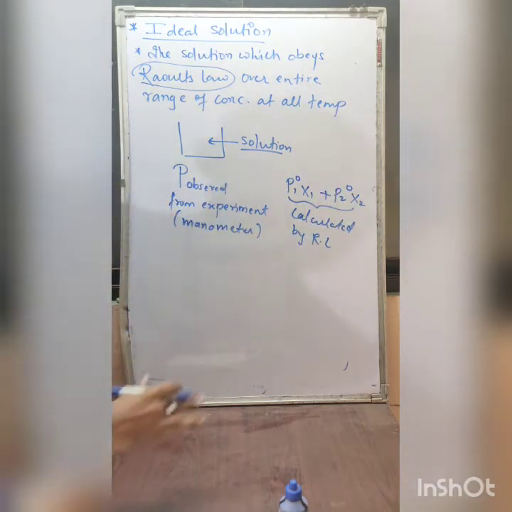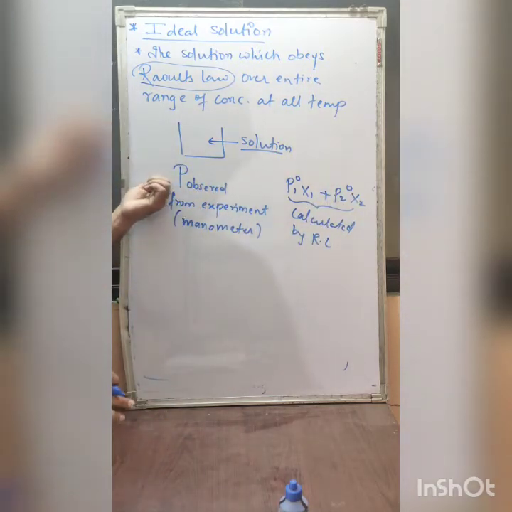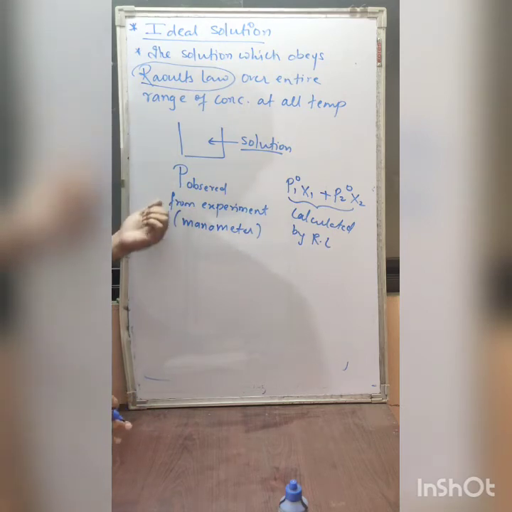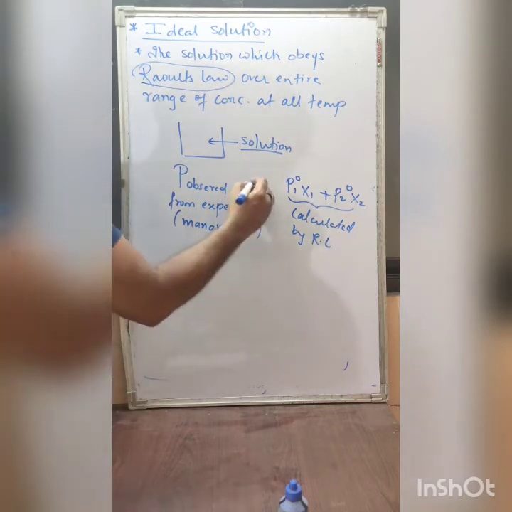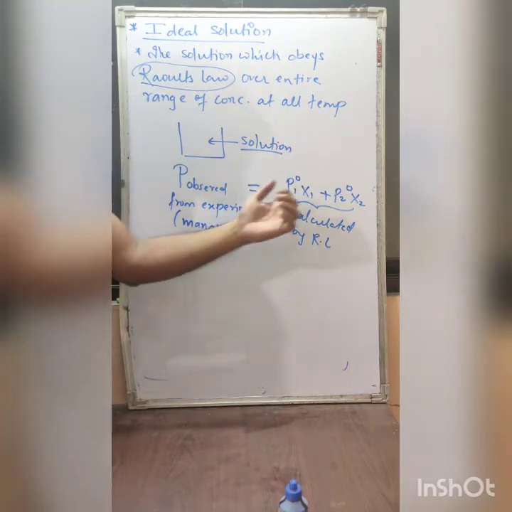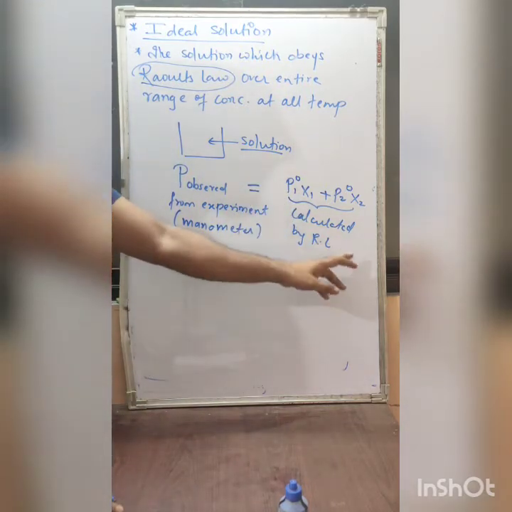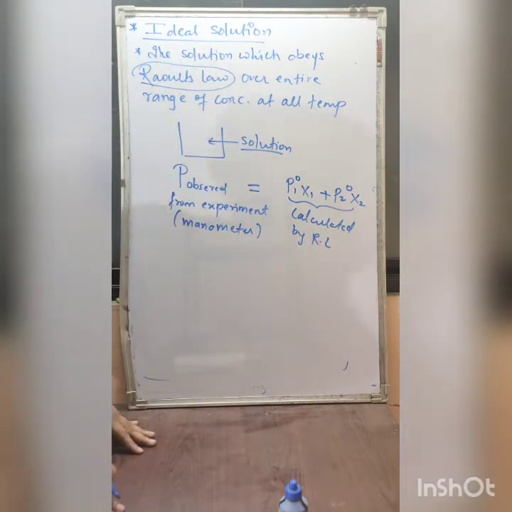It is found that the observed vapor pressure, from the experimental condition, is the same as the vapor pressure of the solution calculated by Raoult's law.